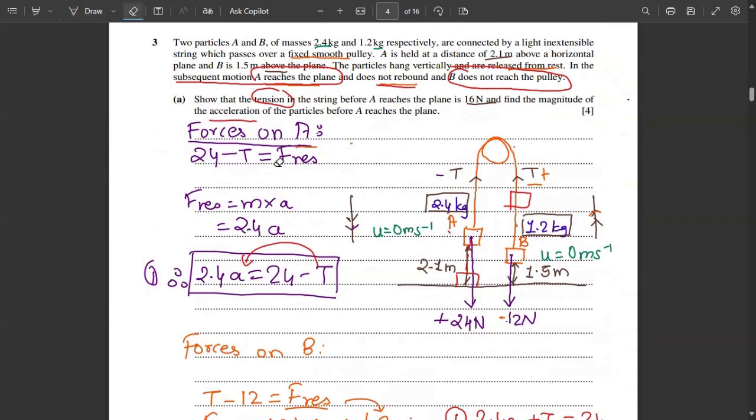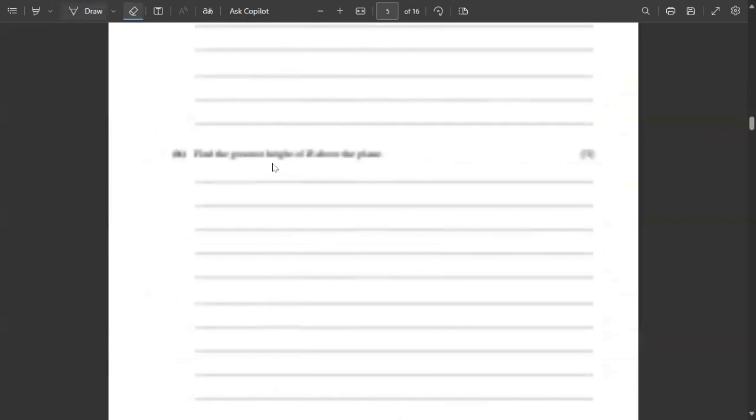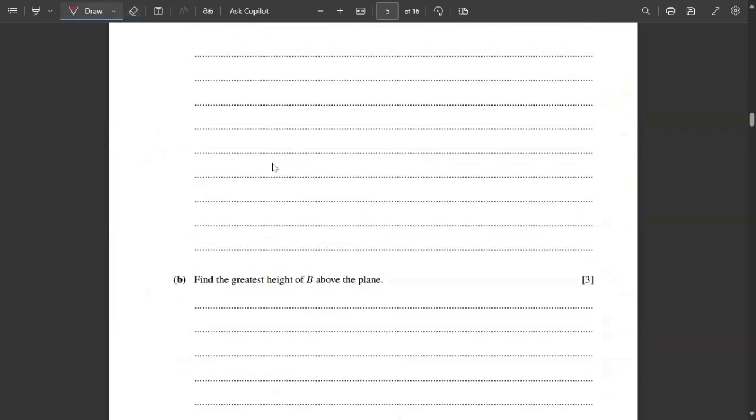So now let us further understand this diagram. So now what to do? First of all, let me make the diagram again. I'll make the diagram here itself. So initially, here is the horizontal ground. Horizontal ground will be here. This is the pulley. A is 2.1 meter above the ground.